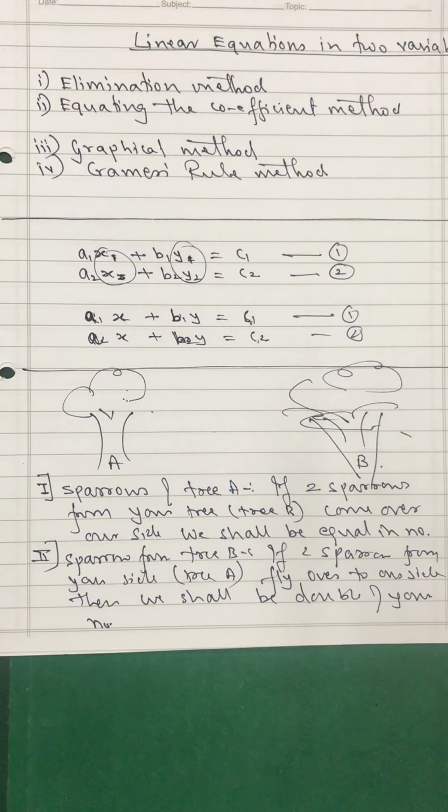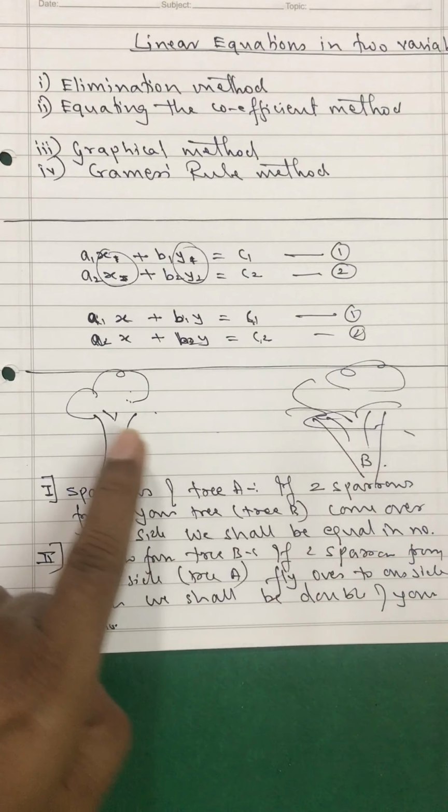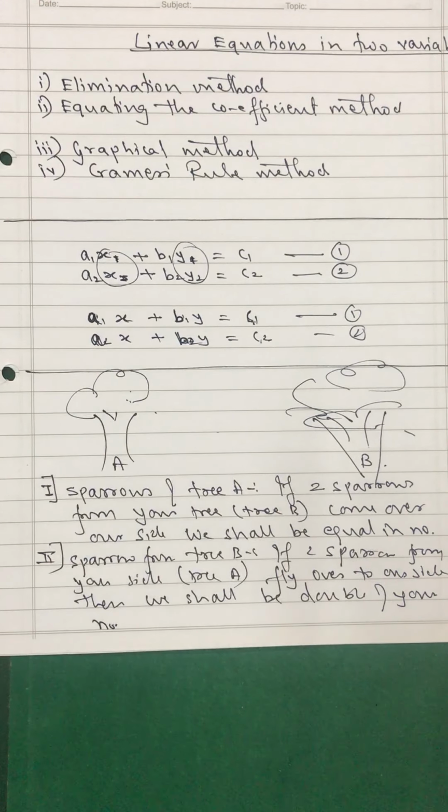Are you getting this? See, what are they saying? The sparrow from here says, if two sparrows from your side come to my side, we will be equal in numbers. Then the sparrow from here says, forget about being equal in number. If two sparrows from your side come to our side, we will be double of your numbers. How many sparrows are there on tree A and tree B?